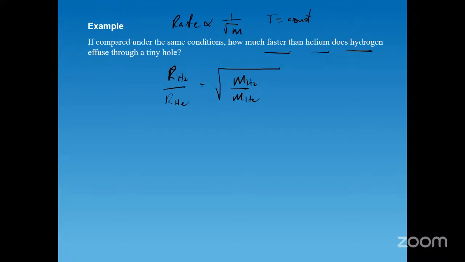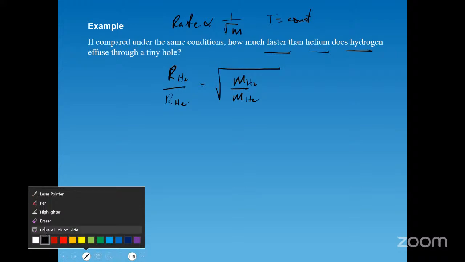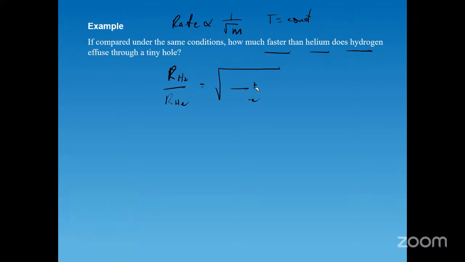Or actually the other way around, because it's inverse square root. So let me correct that. So it's the square root of the molar mass of helium divided by the molar mass of H2, all right?